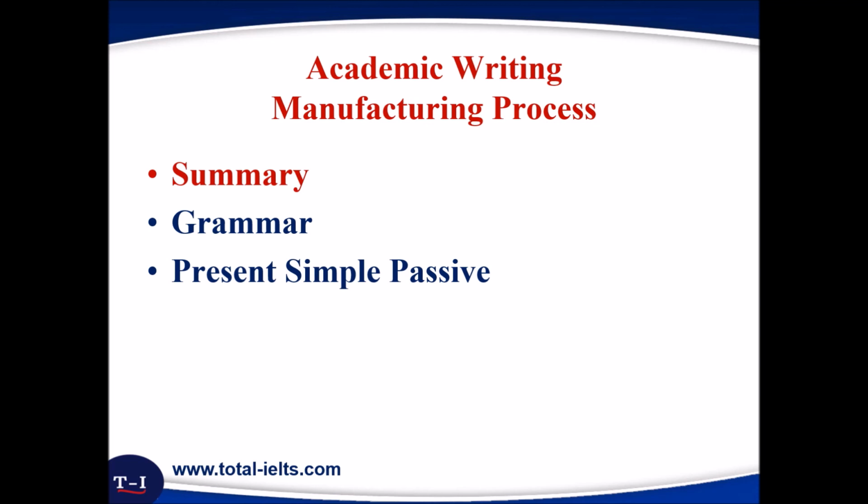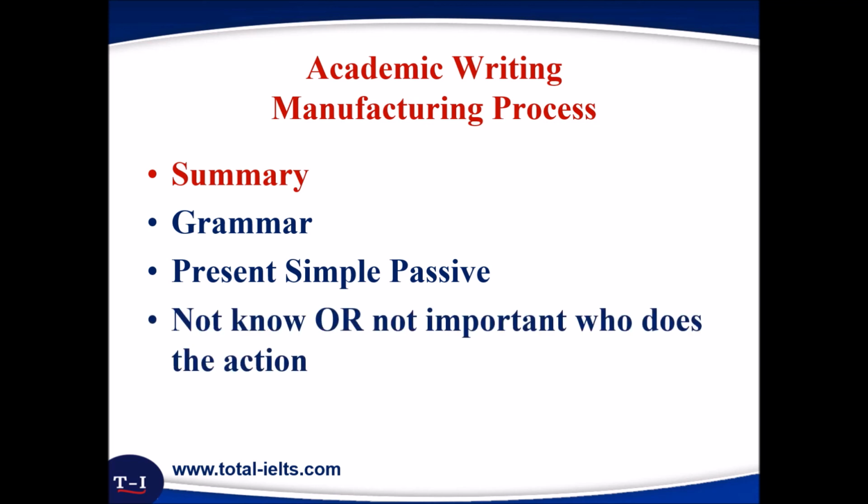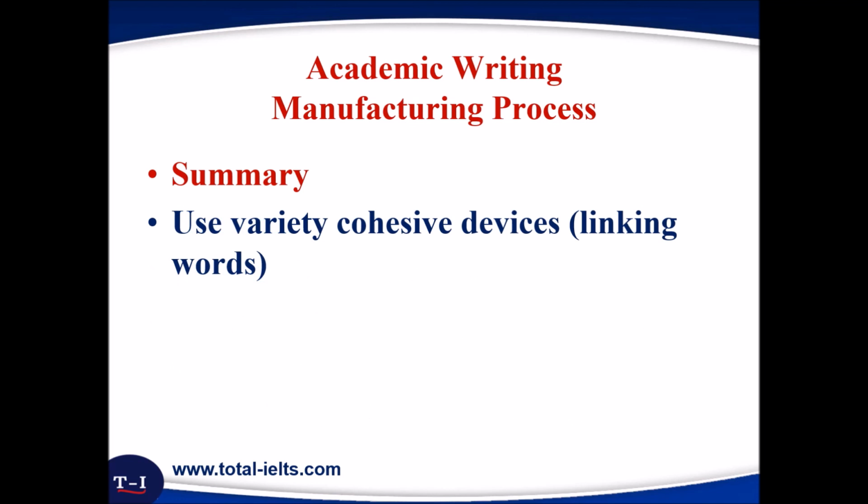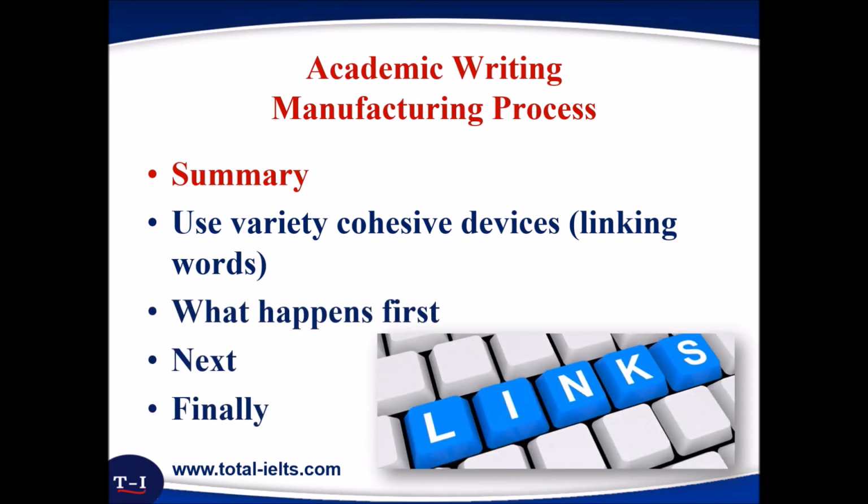For the grammar, present simple passive should be your main tense, because we don't know, or it's not important, who does the action. And present simple passive is a more complex sentence structure. Use a variety of cohesive devices linking words to describe what happens first, next, the sequence, and finally.